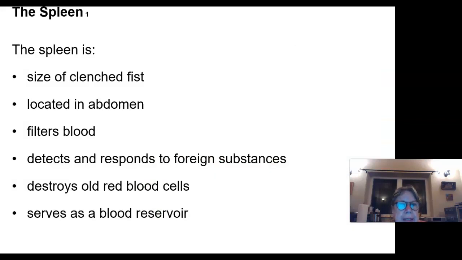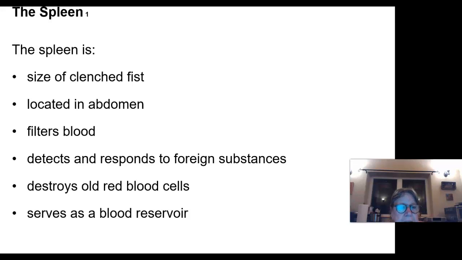Then you have the spleen, the size of a clenched fist. It's located in the abdomen. It filters blood, detects and responds to foreign substances, destroys old blood cells, and serves as a blood reservoir.